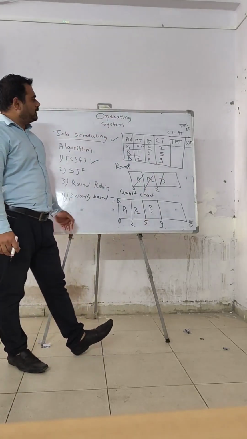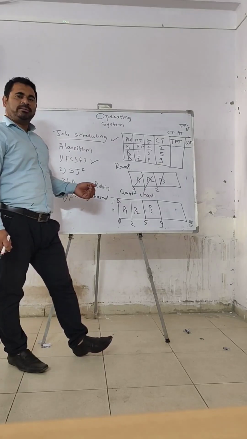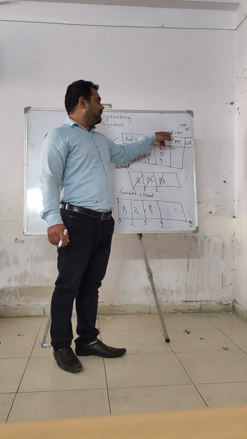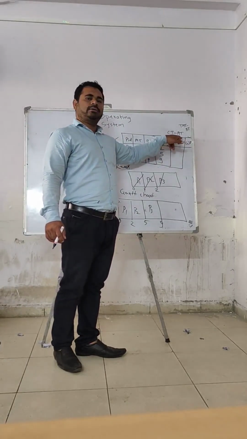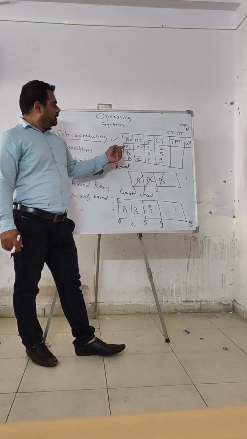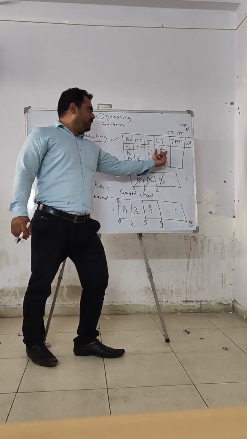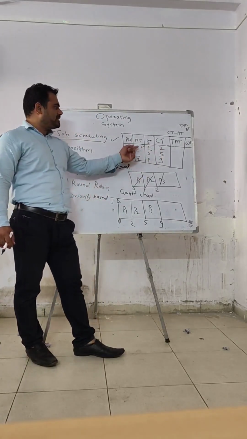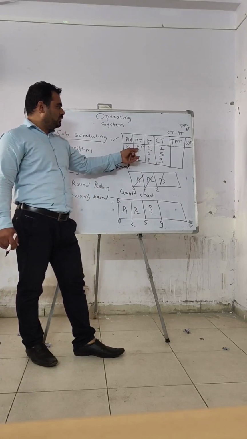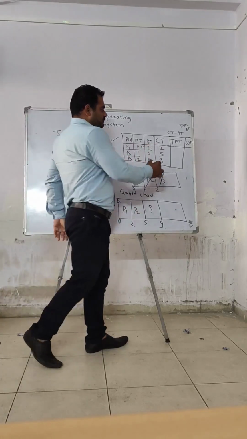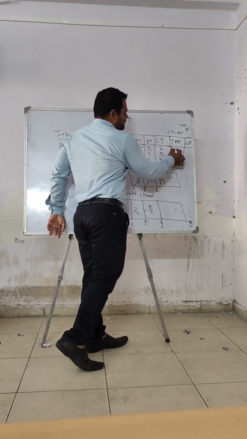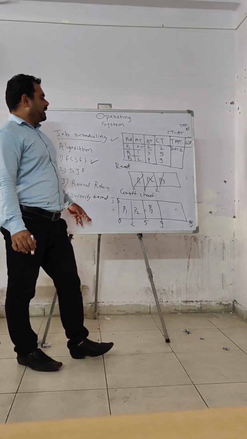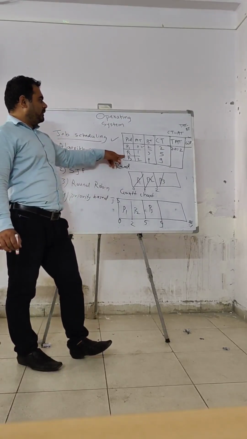After that we will calculate the turnaround time. To calculate the turnaround time, we have the formula: completion time minus arrival time. The completion time of P1 is 2 and the arrival time of P1 is 0. So 2 minus 0 is 2. Now we will calculate the turnaround time of P2.